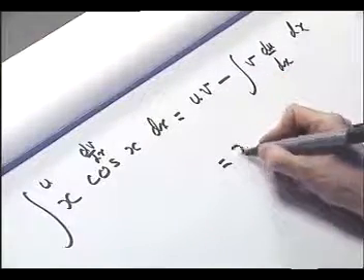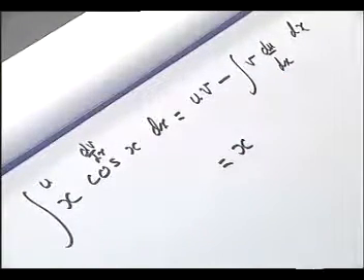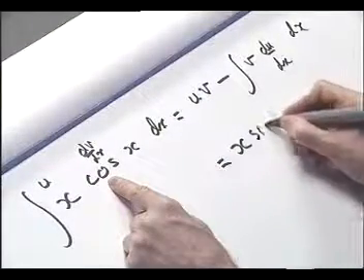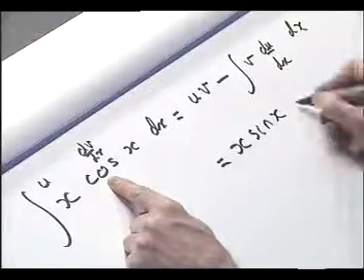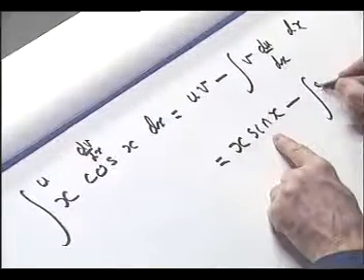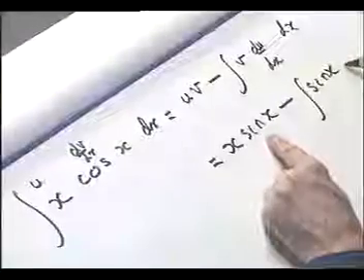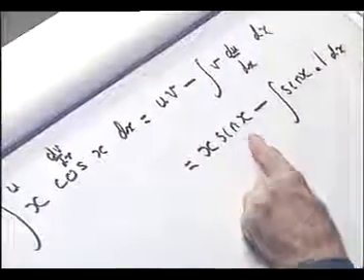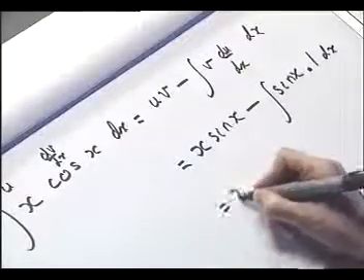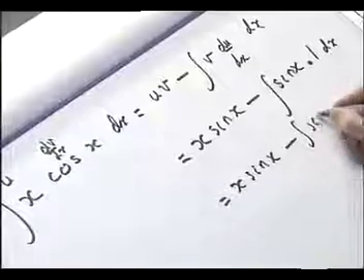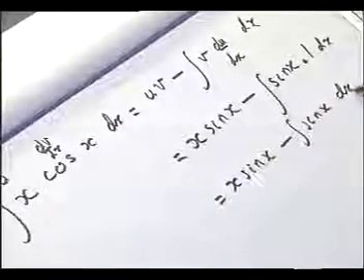U is x. Now v is the integral of cos x, which is just sine x, minus the integral of v, which we know is sine x, times du by dx, which we know is 1. So this is x sine x minus the integral of sine x dx.